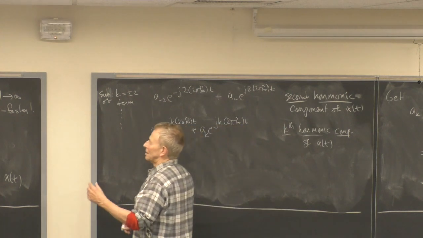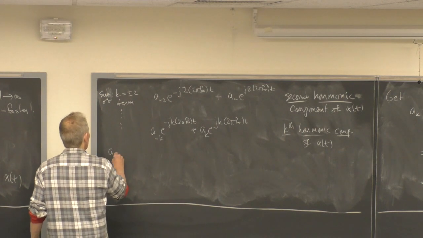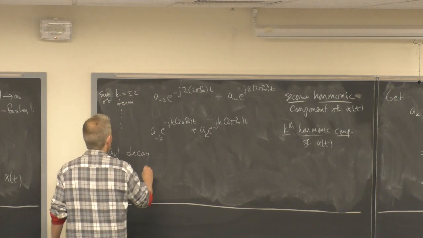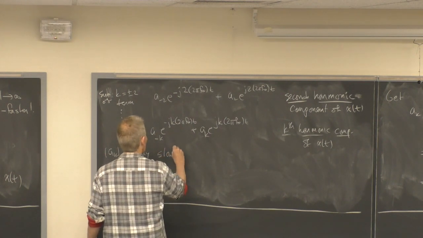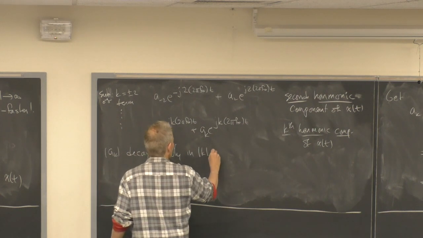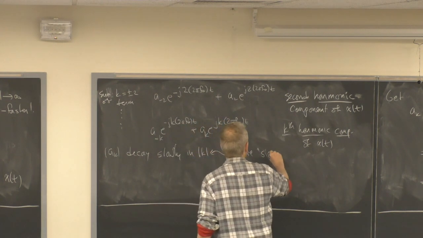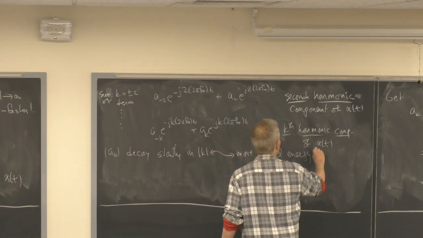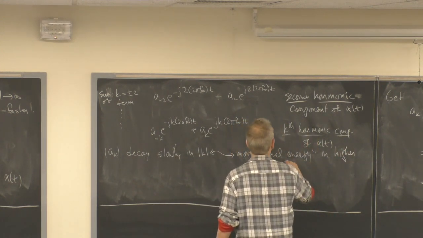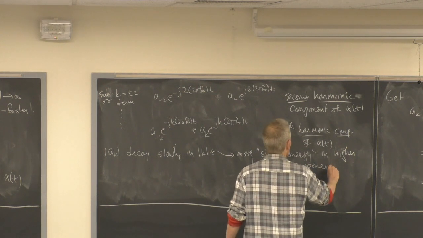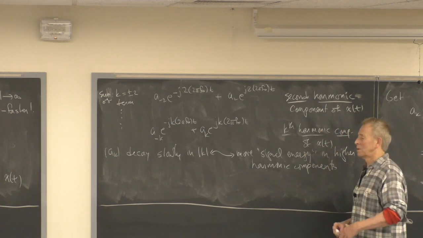If the a sub k decay slowly in k, that corresponds roughly to more signal energy in the higher harmonic components. And in musical terms, that's going to be like more overtones and more harshness.